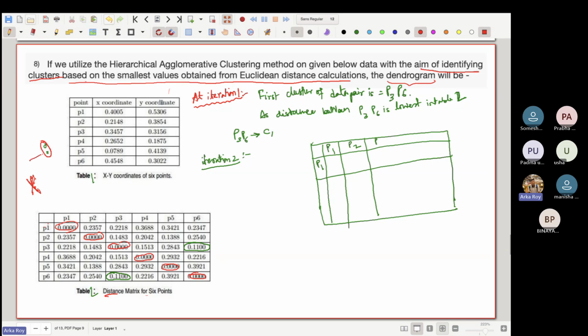That is the first striking point to keep in mind. Similarly, P6 also you will not have. So I can write P4, P5, and then C1. And C1 means P3, P6.